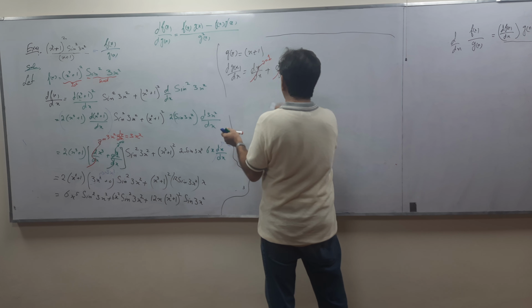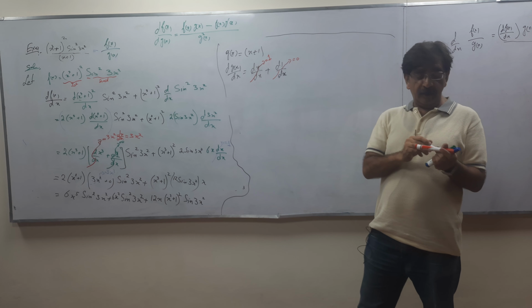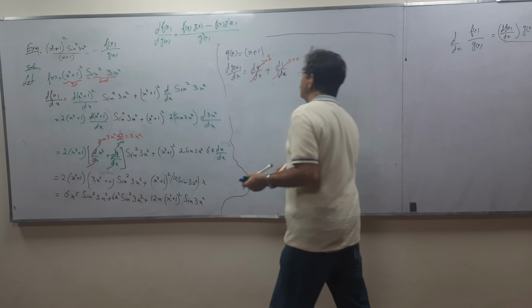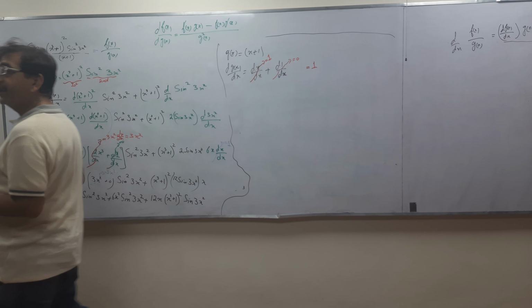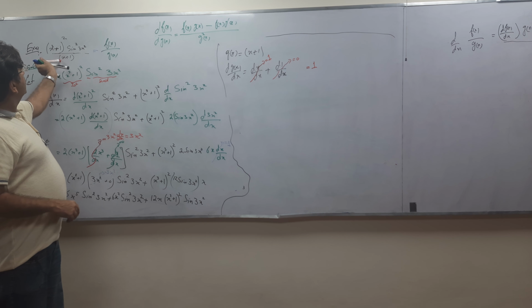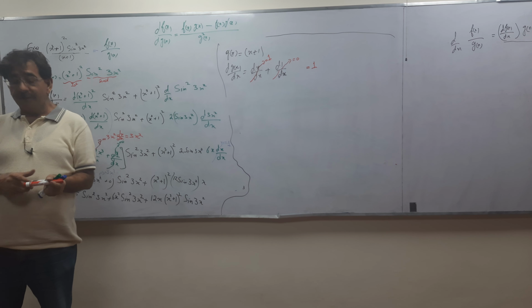Derivative of a constant with respect to any variable, that will be 0. Okay, so the result will be equal to 1. Okay, gx is x plus 1, so that will be equal to this.